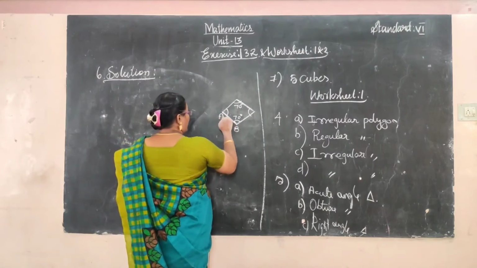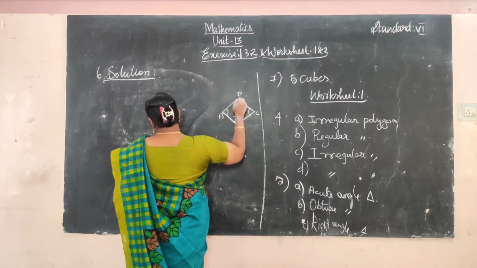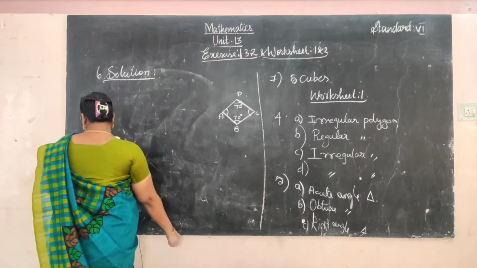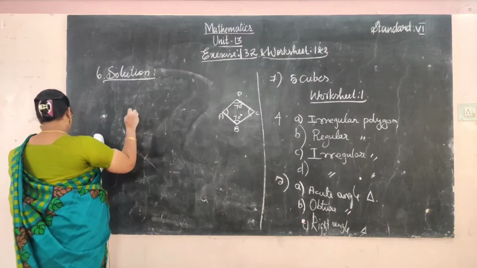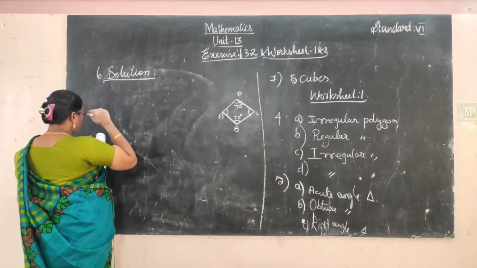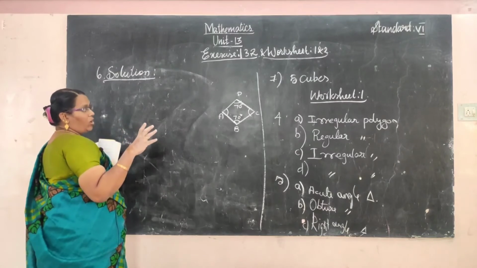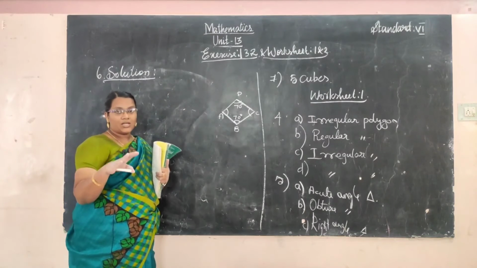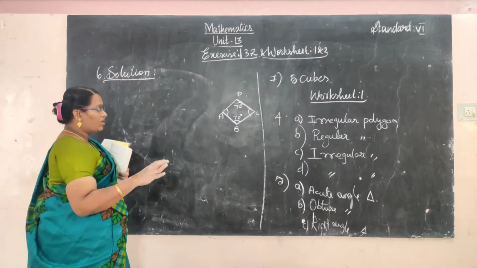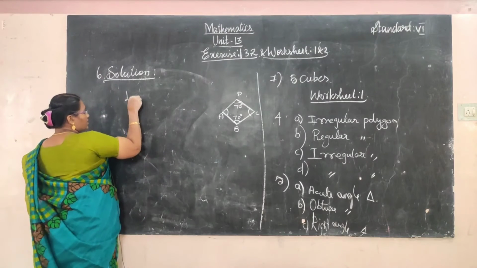For example, let us consider ABCD. Find the remaining angles. The sum of the angles of a quadrilateral is 360 degrees.